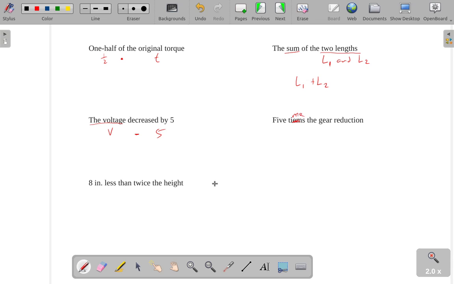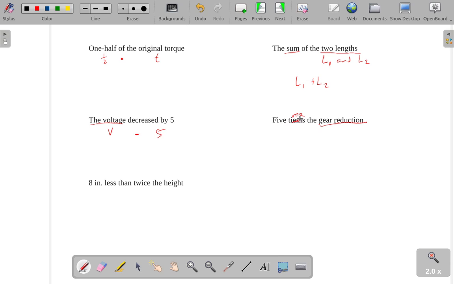So this one, 5 times the gear reduction, kind of breaks my brain a little bit, because generally when you're talking about a gear reduction, that means you're cutting it by half or something like that, or cutting it down to 3/4 of what it was. And what does 5 times that number mean? It's not going to be faster.